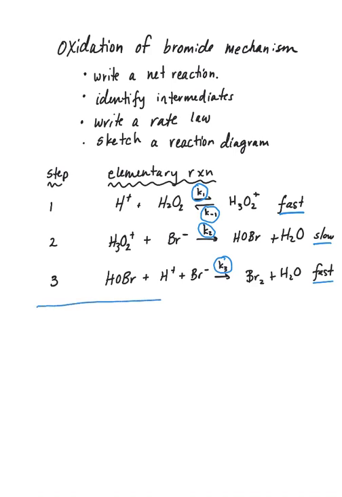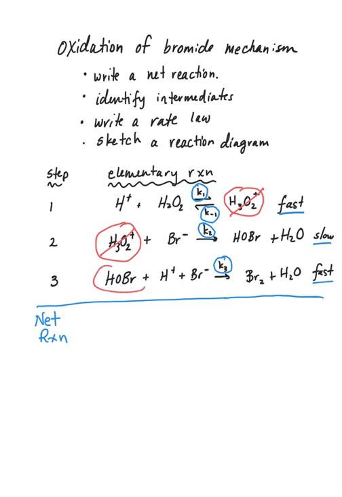Overall, our net reaction is given as the sum of each of these elementary steps. We can get rid of things that are the same on either side of a reaction arrow, like H3O2 plus in the first step and the second step, and HOBr in the second and the third step.